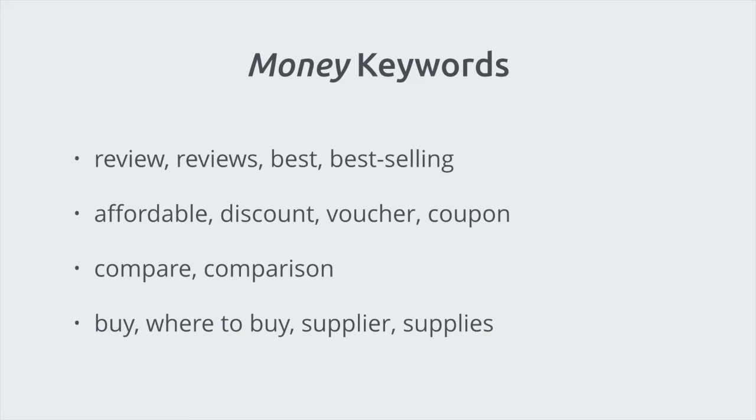If those keywords exist in the list of keywords that you find in the Google Keyword tool, then that's a good indication that the niche is probably a good idea and will probably be profitable, because people are searching not just for information and research, but they are actually searching to make up their minds about a product and to influence their purchasing decisions. So that's a great sign that that niche is profitable.